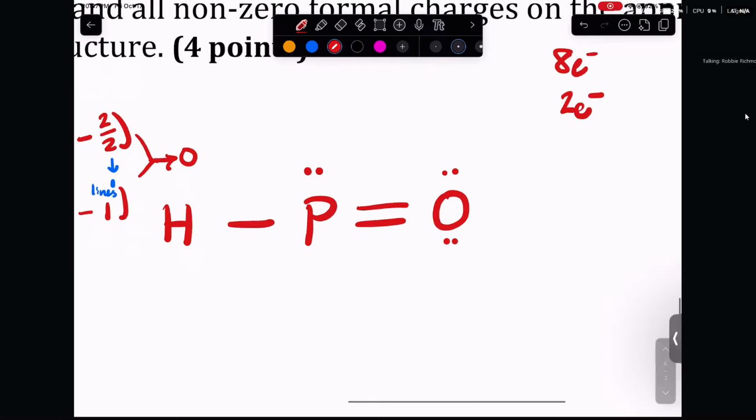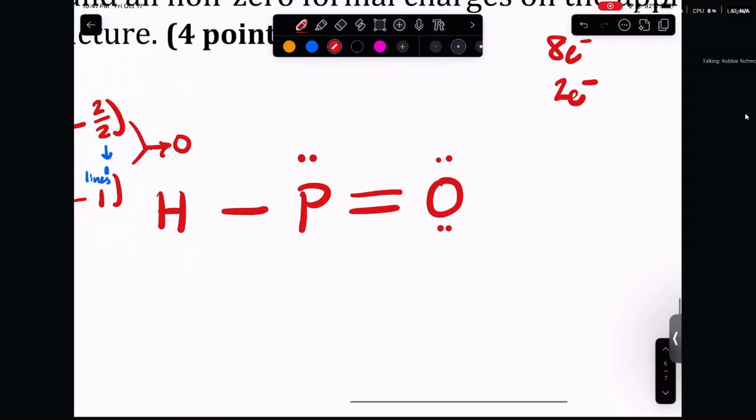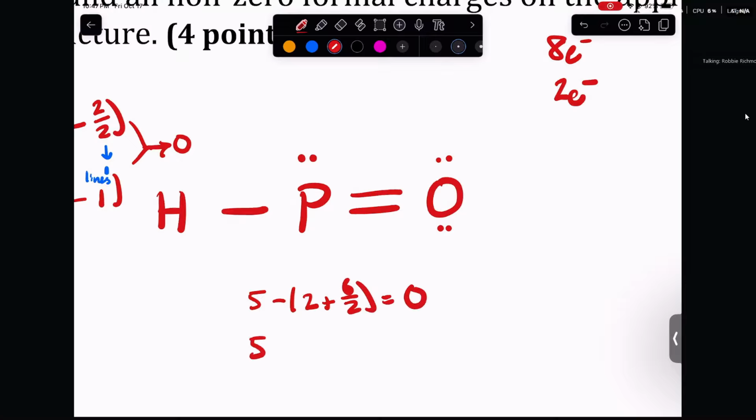Cool. Now let's do that same math with the dots minus lines just to further show that this works. So Dr. Outlaw's way, the way that we were taught in class, 5 valence electrons. I see 2 dots plus I see 1, 2, 3 bonds. Since each bond contains 2 electrons, that's 6 divided by 2, and that's going to result in 0 formal charge. And if you do the way I like to do it, dots plus lines, I see 2 dots and I see 3 lines, that's also 0.